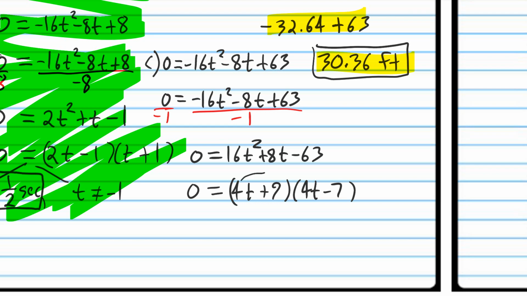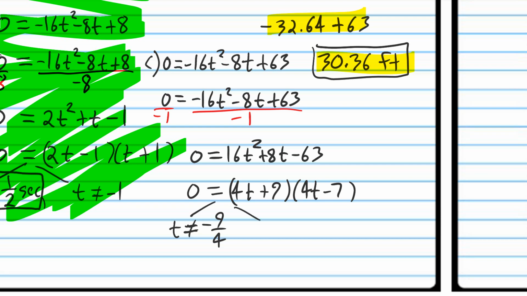So the outside terms would be -28t. And the inside terms would be 36t. And we add those together, and we get 8t, so that works. Because we got 8t. So now this form tells us that t can equal -9 over 4, which is ridiculous because we can't have a negative time.